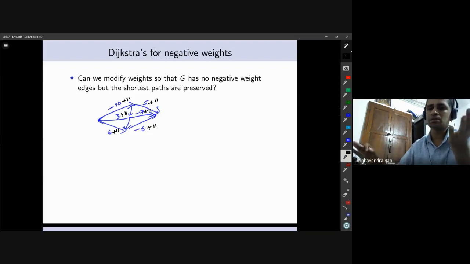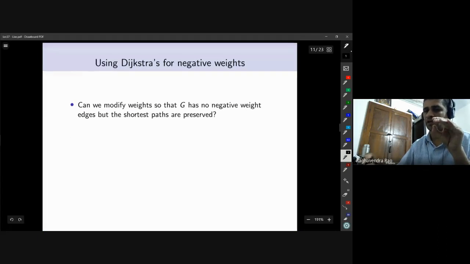So shortest paths go crazy, and you can't retrieve the shortest paths in the original graph. So adding weights to all edges uniformly will not work. But the hope is not lost, so you can actually come up with a clever way of doing it.